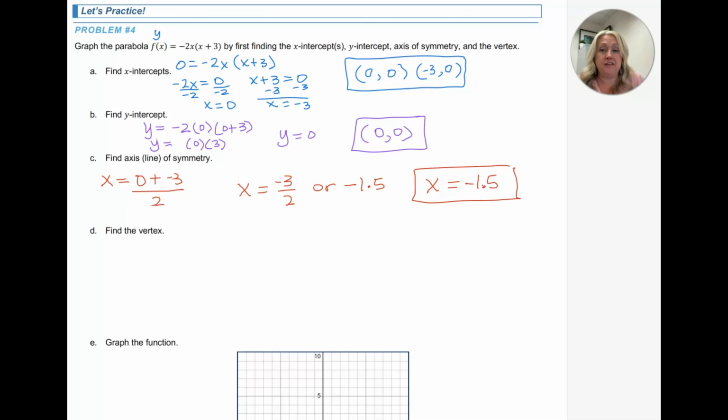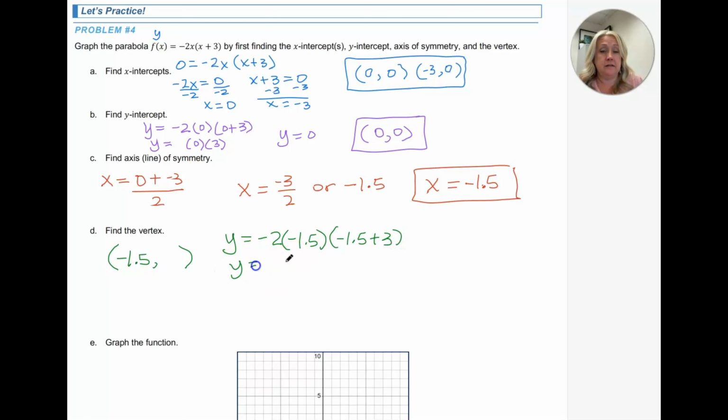Great. Next we need to find the vertex. Remember, we're using this x as the x-coordinate of our vertex. So my x is negative 1.5, and now I need to find what my y is. So y equals, let's substitute it back into the original equation, negative 2 times negative 1.5, and then times x, which is negative 1.5, plus 3.